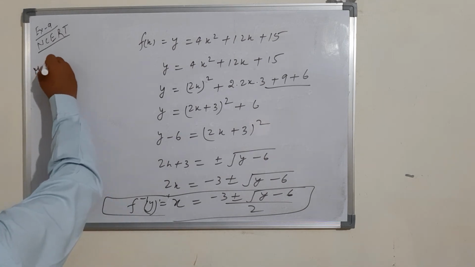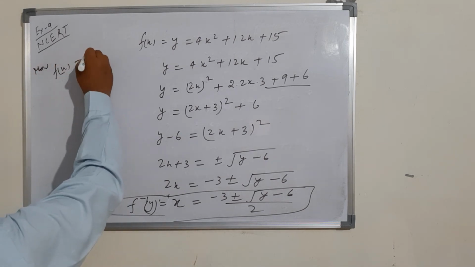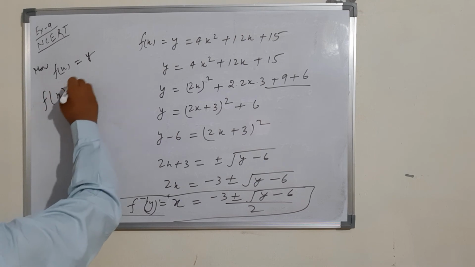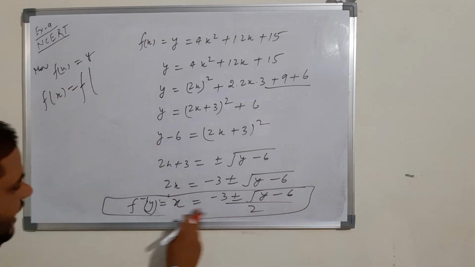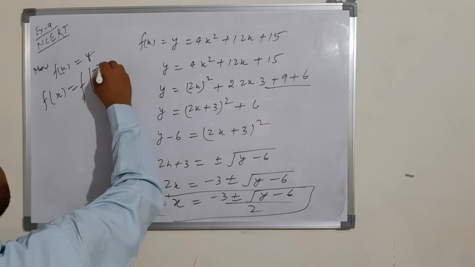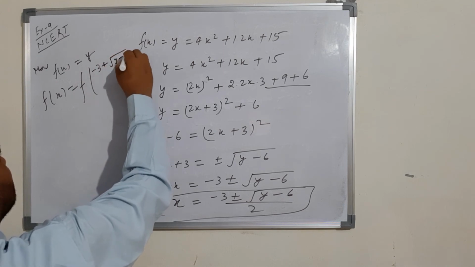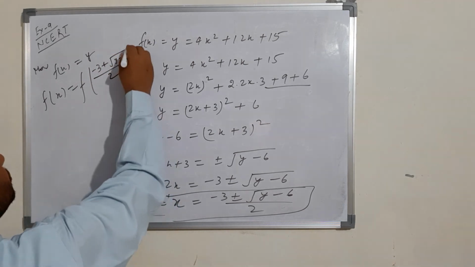Now we have to show f(x) is equal to y. That is, f of what is x? Minus 3 plus, only plus you have to take, root of y minus 6 divided by 2.